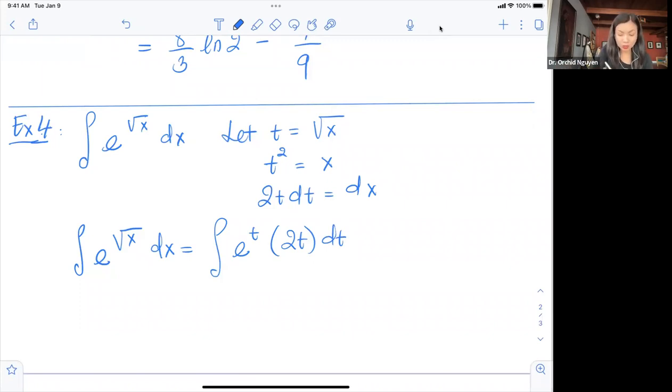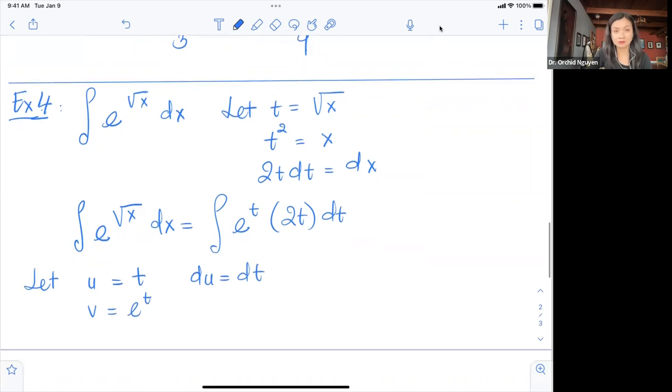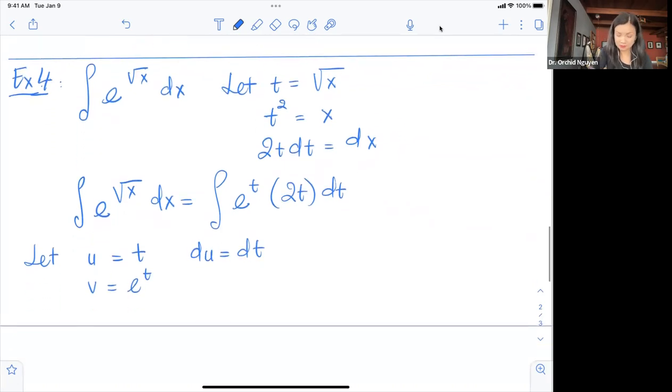And now we're going to let u be t, so du is going to be dt. And v is going to be e to the t, because dv is e to the t dt.